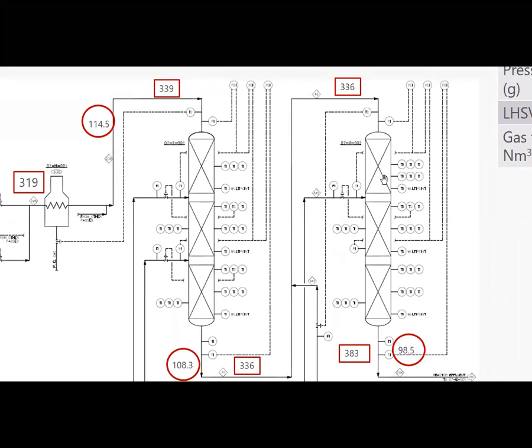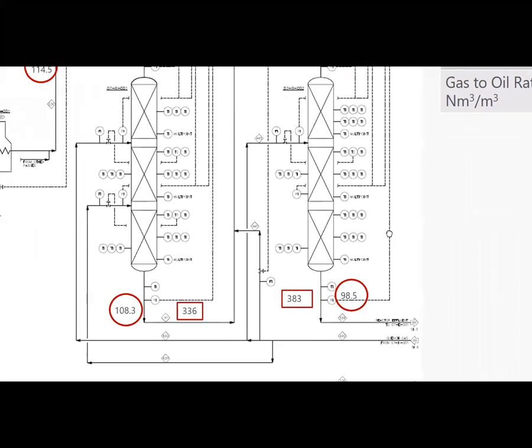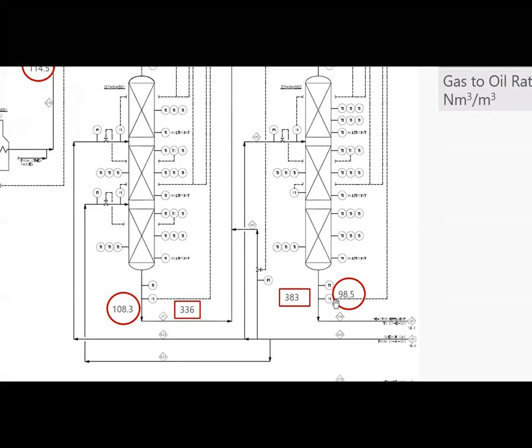Remember that we have here a little bit more catalyst in this second reactor than in the first reactor. And the same, we have here the temperature indications. And this is the outlet pressure and the outlet temperature.